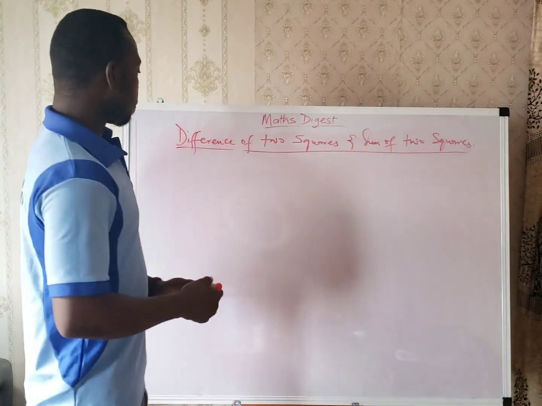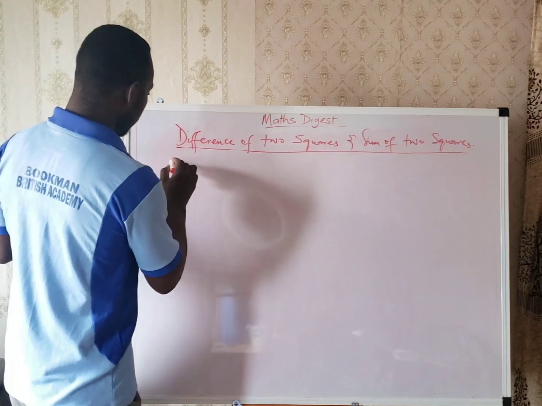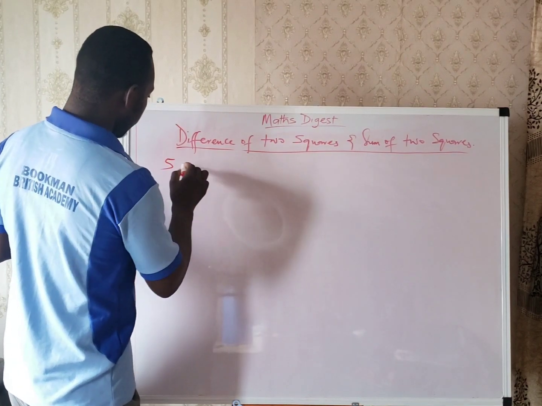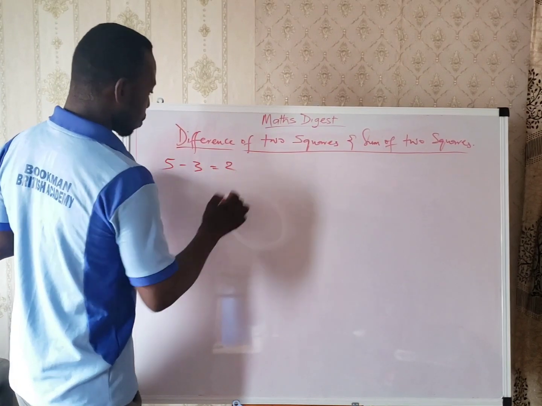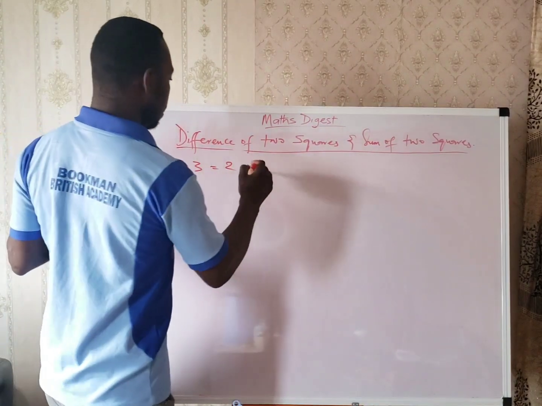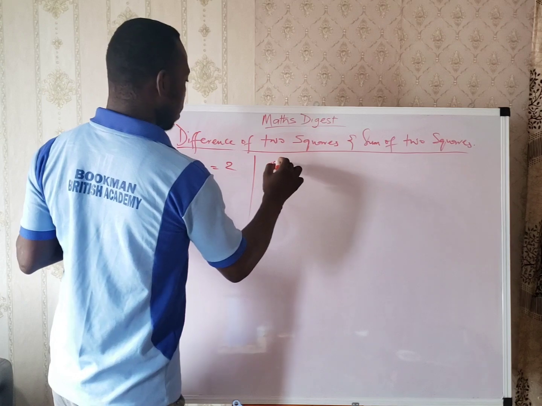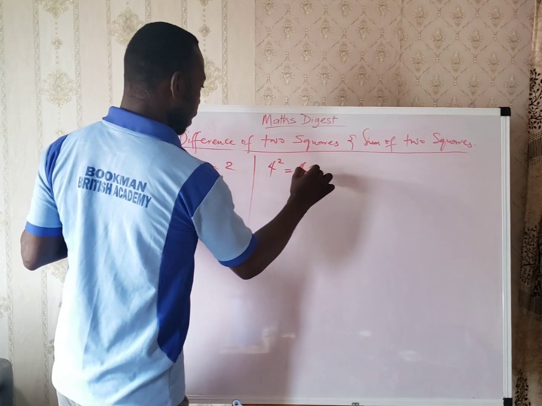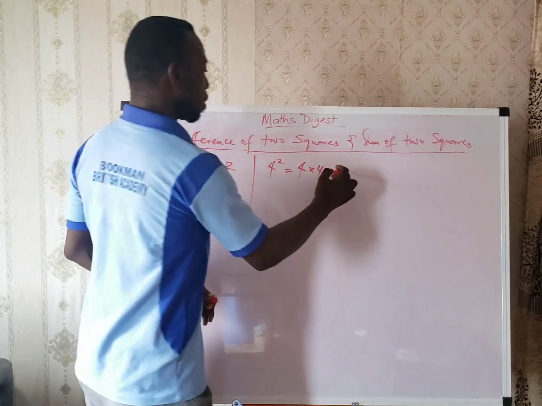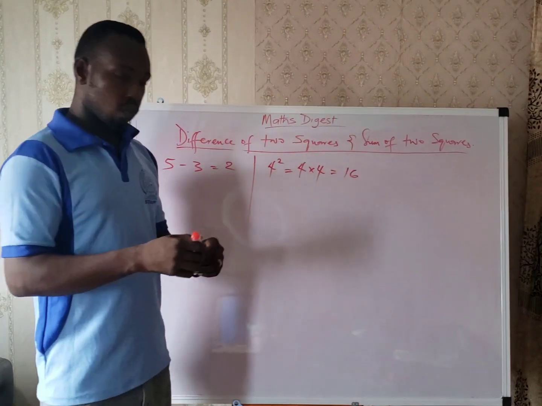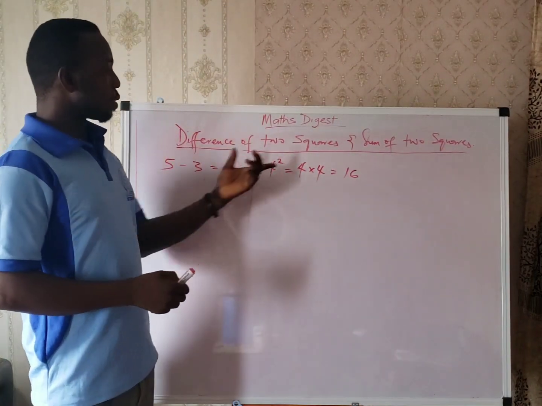For example, the difference of 5 minus 3 will give us 2, and 4 squared is 4 times 4, which gives us 16. This is simply what we mean by difference and square.